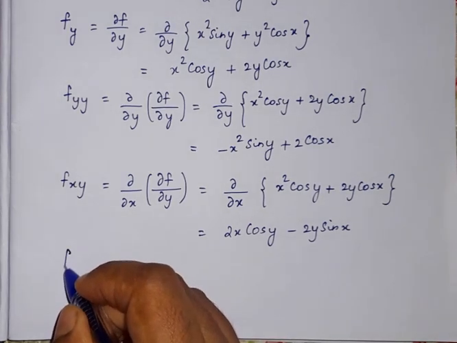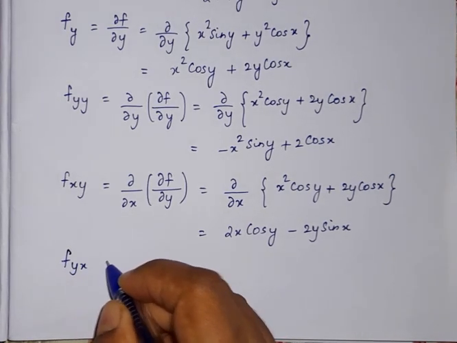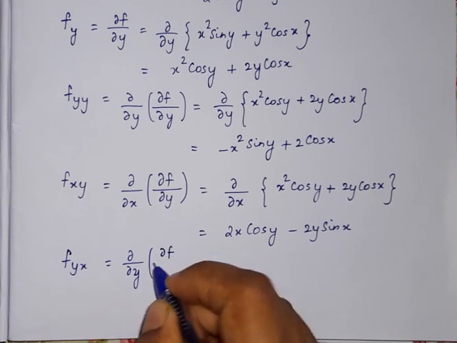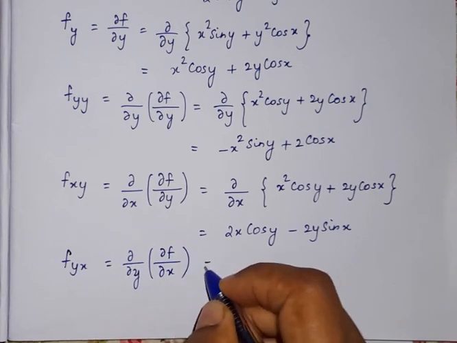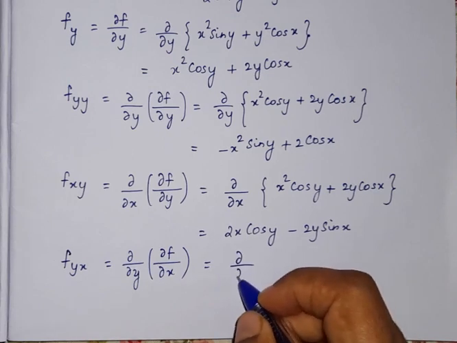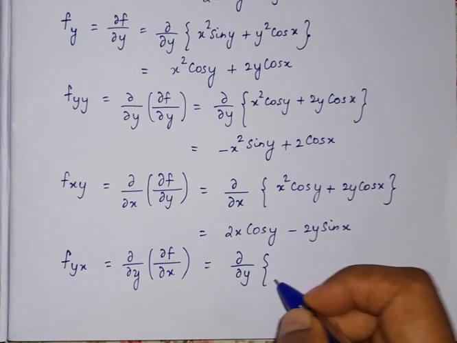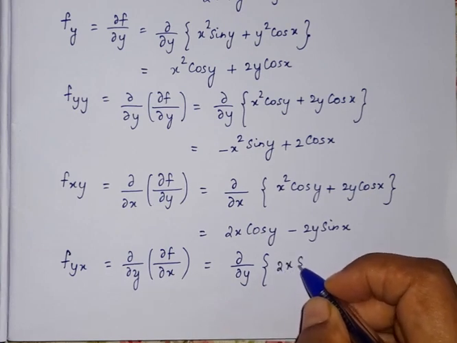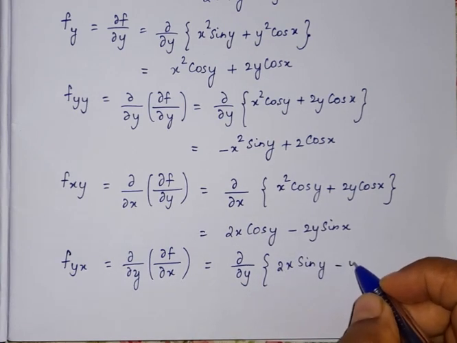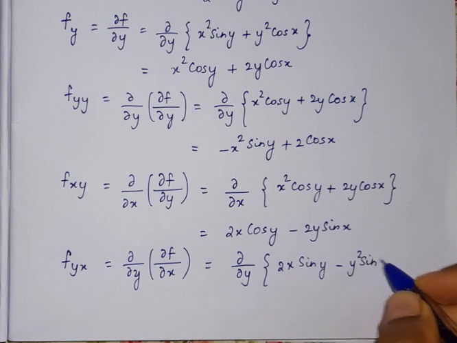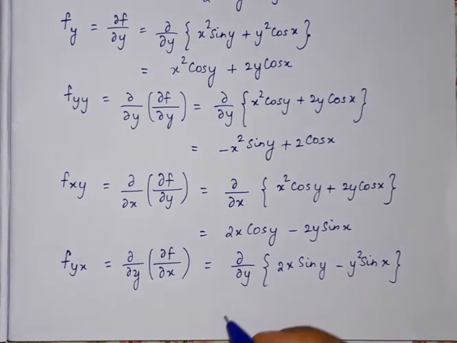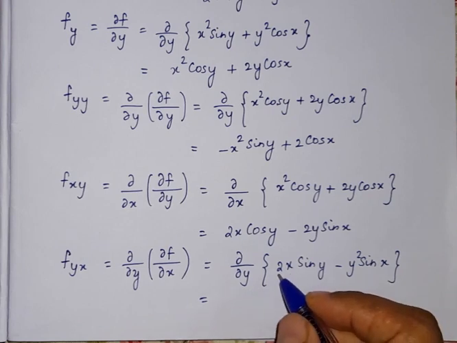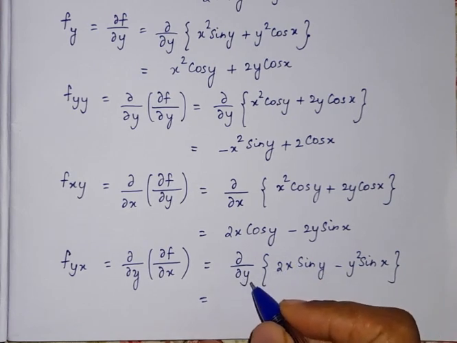Next we need fyx. Fyx can be written as dou by dou y of dou f by dou x, which is equal to dou by dou y of, instead of dou f by dou x, we have 2x sin y minus y square sin x, which is equal to, in the first term 2x will be the constant since you are differentiating with respect to y.